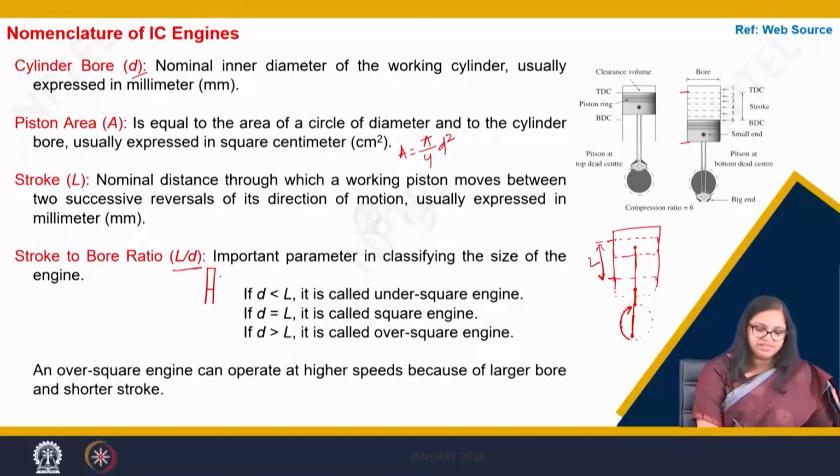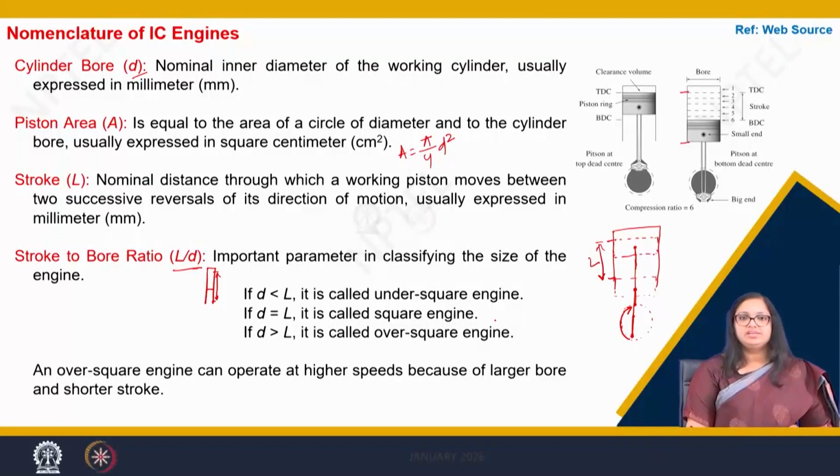My diameter is less than my length. This is called an under square engine. However, when my length and my diameter are both equal to each other, we call it a square engine.